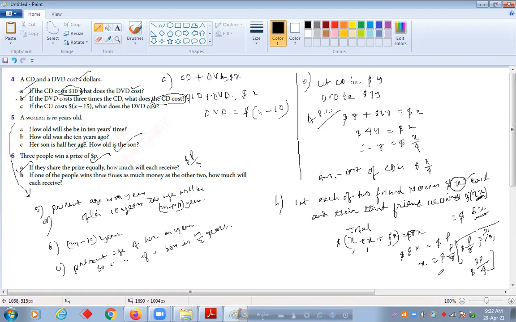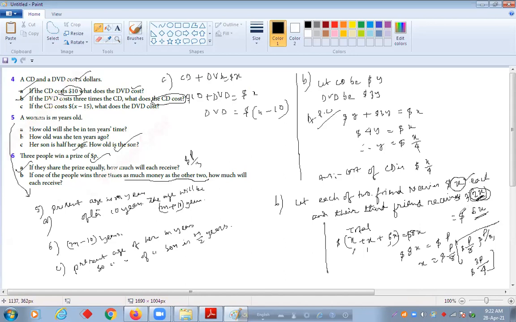Please match your answer. Sir, I also thought like this, but the answer is not that. The answer is first one P by 5. Understood. That means there is some twist here. As much money as the other two, so we have taken the total amount of money of the other two.